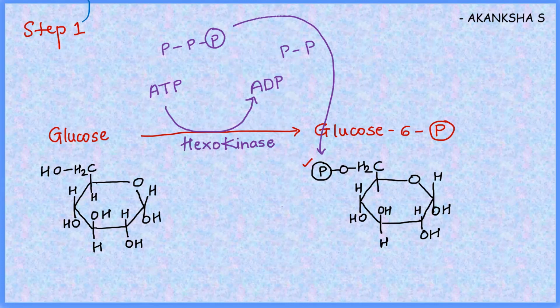Step number 1, glucose got converted to glucose 6-phosphate in the presence of an enzyme called hexokinase. And because 1 phosphate group is added to the molecule, ATP got utilized. This happens in the presence of a cofactor, that is magnesium ion. Let's go on to the next step.